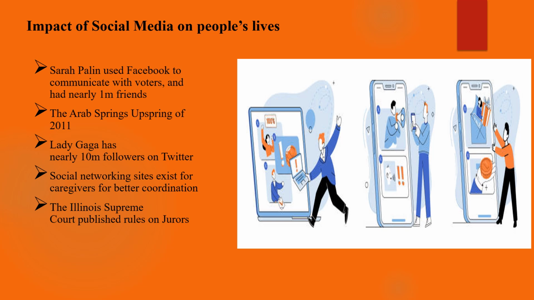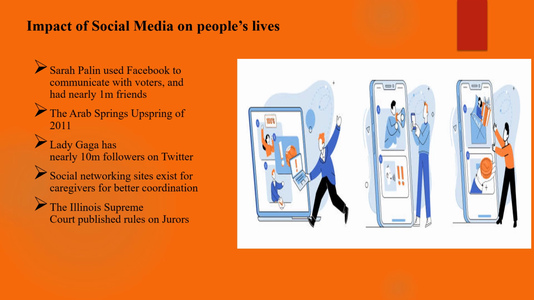Impact of social media on people's lives. Sarah Palin, one-time American presidential candidate, used Facebook to communicate with voters. She had nearly 1 million friends by then. The Arab Spring uprising of 2011 was influenced by social media, which brought about changes in so many governments.